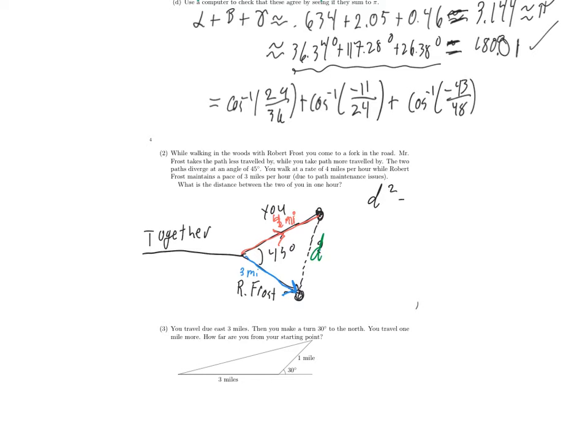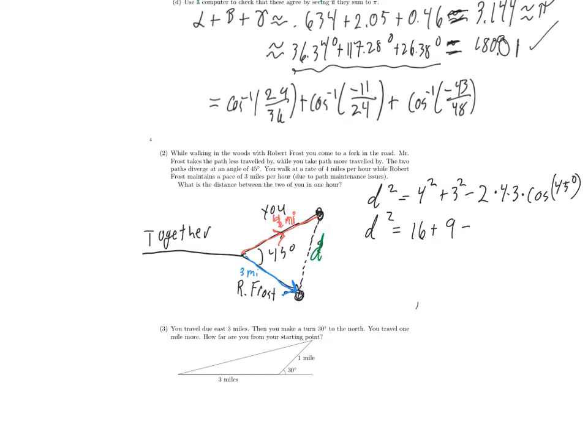D squared is equal to 4 squared plus 3 squared minus 2 times 4 times 3 times the cosine of 45 degrees. And let's just write that all out. D squared is 4 squared is 16 plus 3 squared is 9. 16 plus 9 is 25.